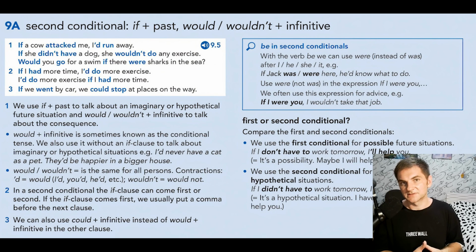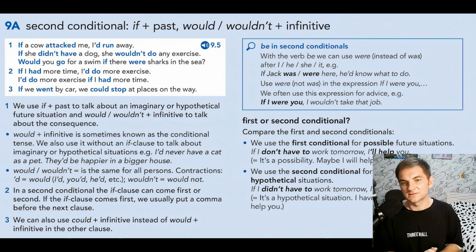Let's read the rules here, in this textbook, I mean. Number 1. We use if plus past to talk about an imaginary or hypothetical future situation, and would, wouldn't plus infinitive to talk about the consequence. Would plus infinitive is sometimes known as a second conditional or as a conditional tense.